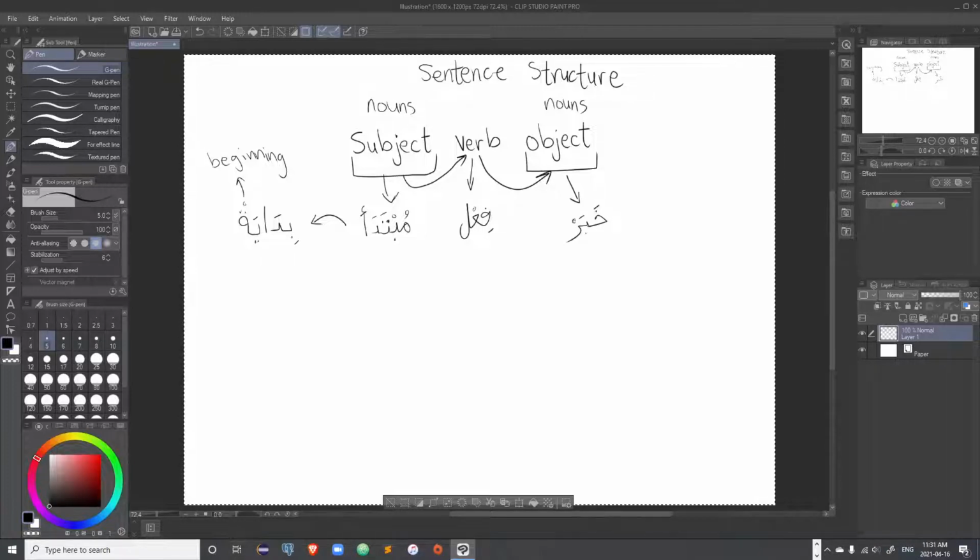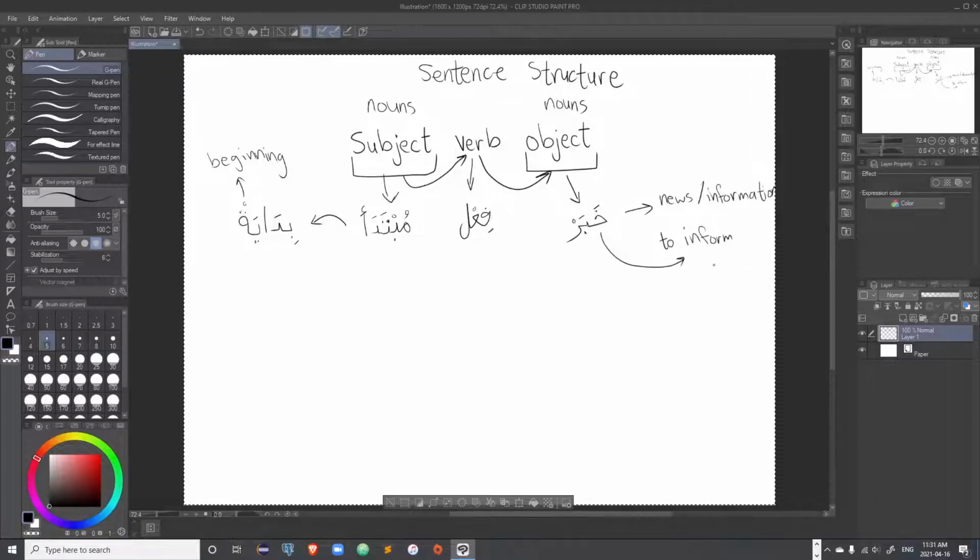Khabar. And the word khabar as a noun, linguistically speaking, not grammatically speaking, means news or information. And the verb to inform someone is derived from this one here.